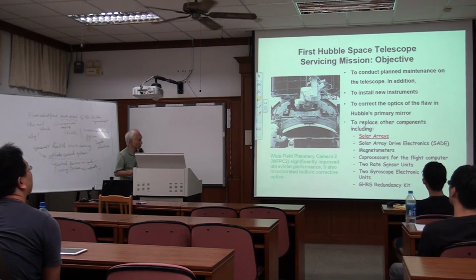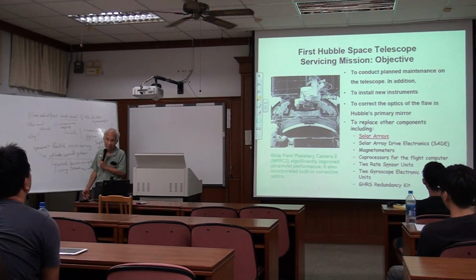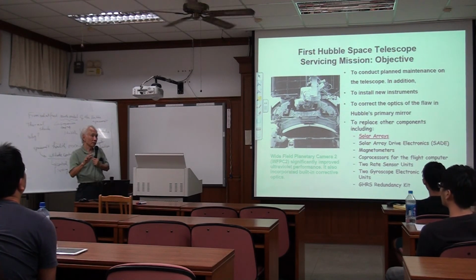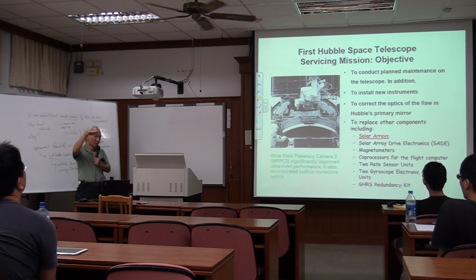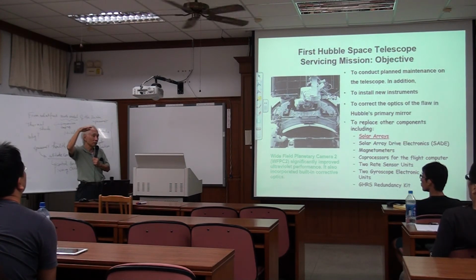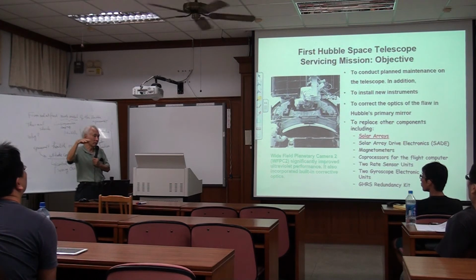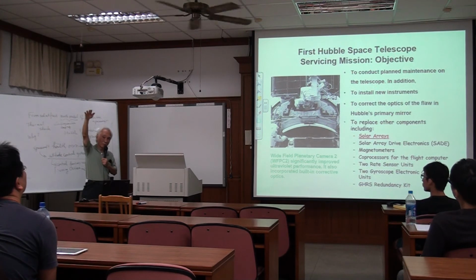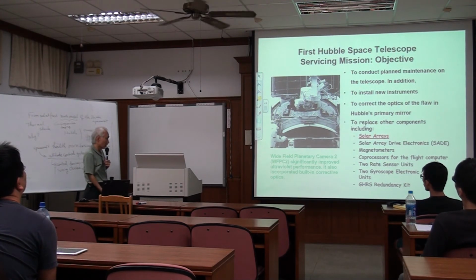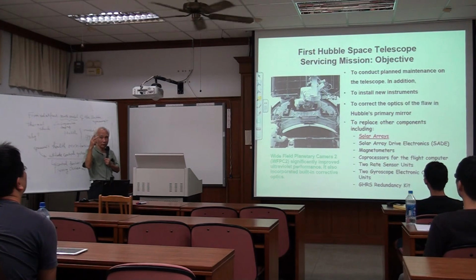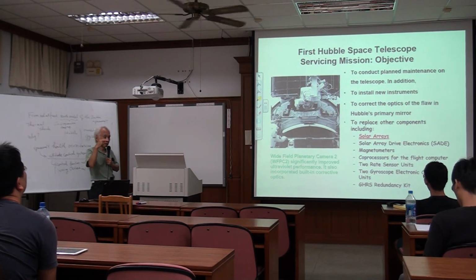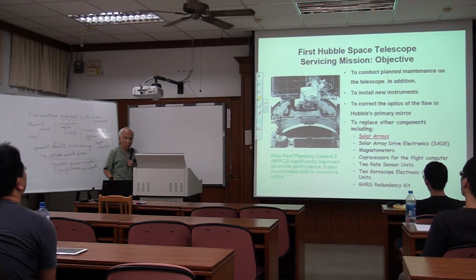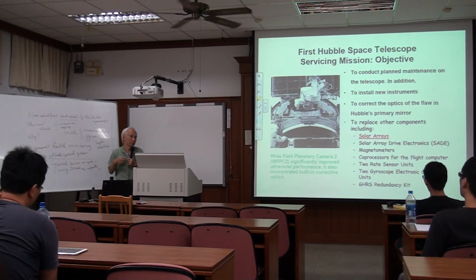So sending an astronaut to space is not an easy task. Because a shuttle normally flies only 400 to 450 kilometers high, but the Hubble is up at 600 to 650 kilometers high. So you are talking about 200 kilometers higher than the normal operation of the shuttle. You need additional fuel.